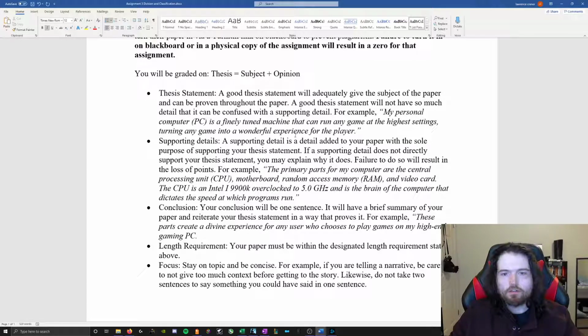Supporting details. A supporting detail is a detail added to your paper with the sole purpose of supporting your thesis statement. If a supporting detail does not directly support your thesis statement, you may explain why it does. Failure to do so, though, will result in a loss of points. For example, the primary parts for my computer are the central processing unit, motherboard, random access memory, and video card.